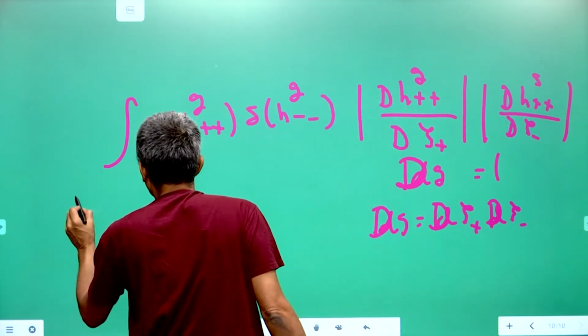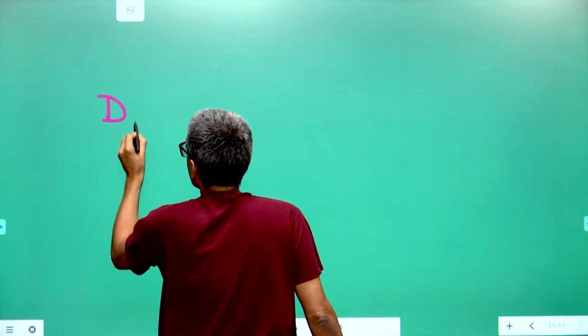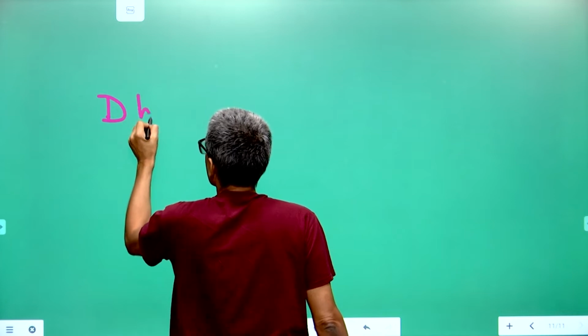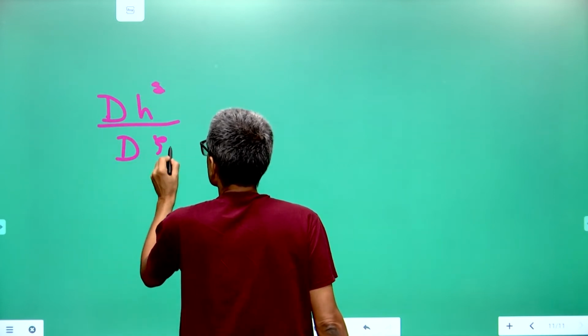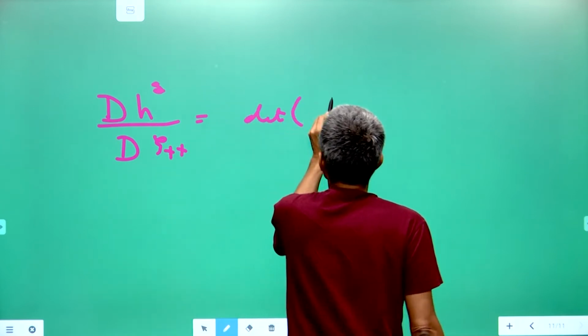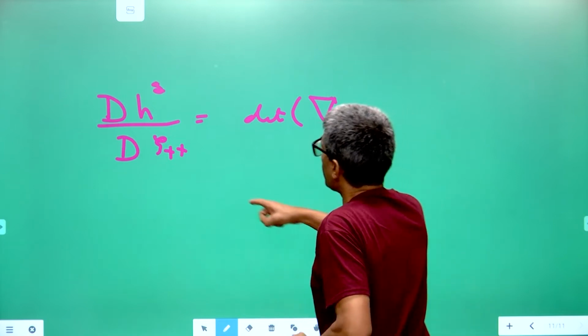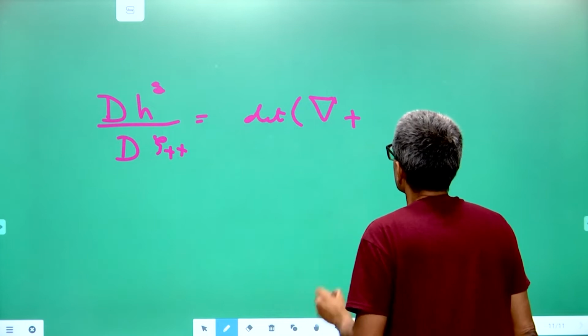This determinant, d of h^g plus plus by d xi plus plus, is equal to the determinant of del plus evaluated at h^g.